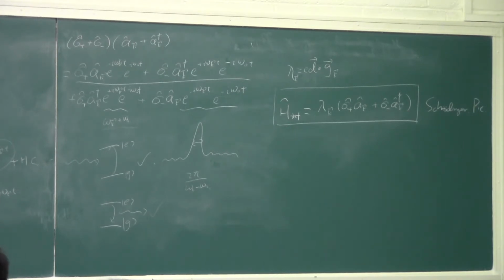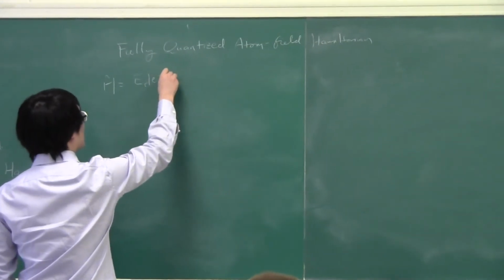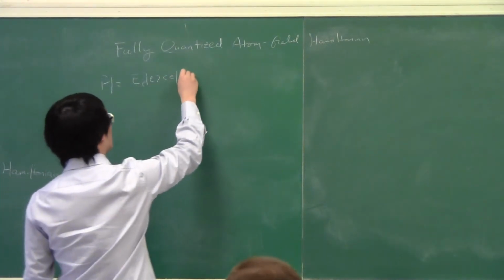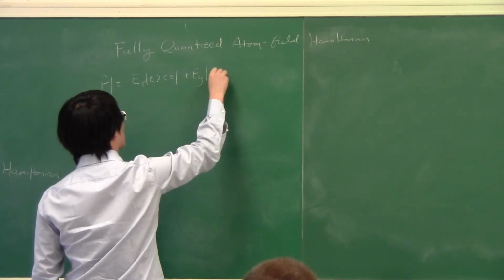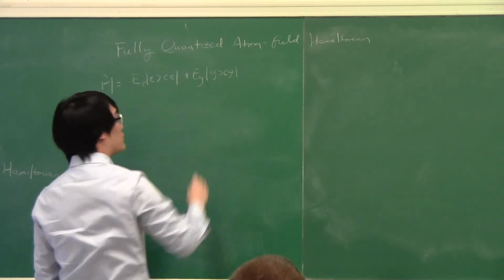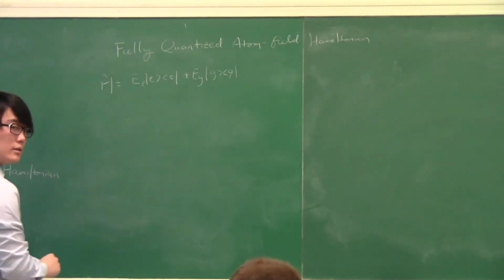Right? We can just write the energy of the excited state plus the energy of the ground state. Right, that's the atom.